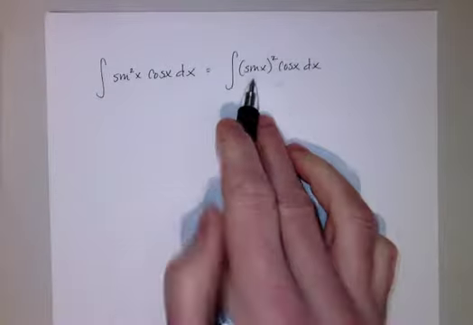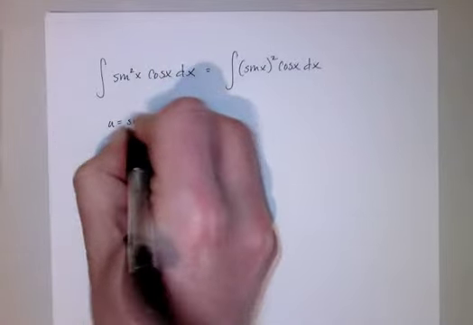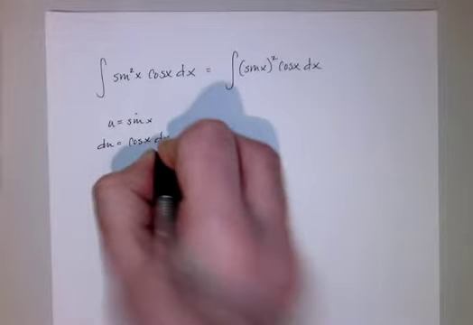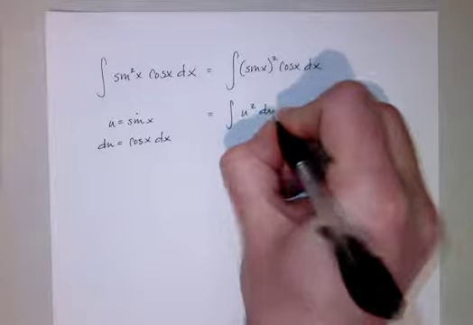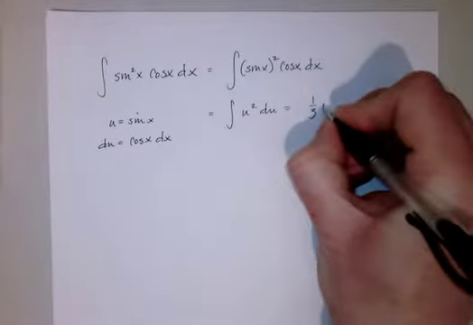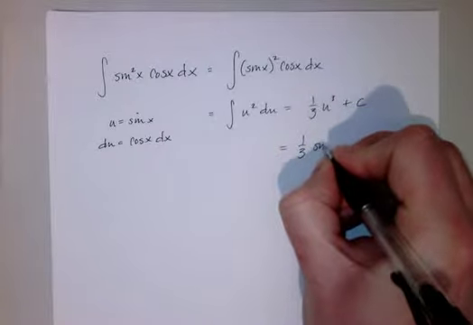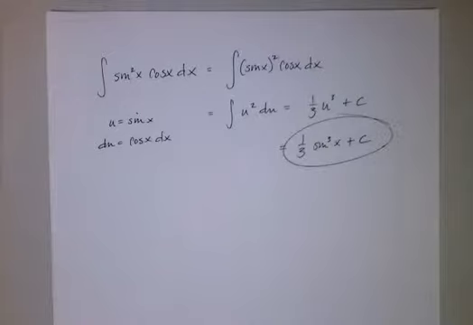And if it were like this, it would be even easier to identify your u as sine x, and of course your du as cosine x dx. Once you've done that, of course, that winds up being u squared du. That gives me 1/3 u cubed plus c, or 1/3 sine cubed x plus c, and that is your integral.